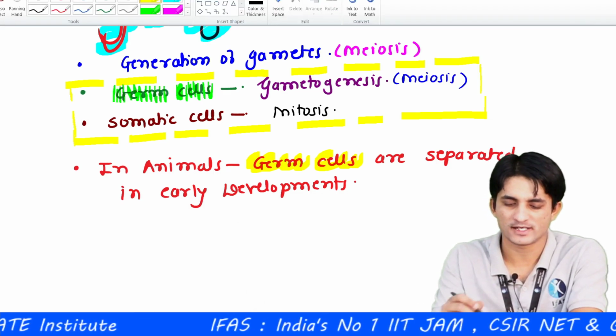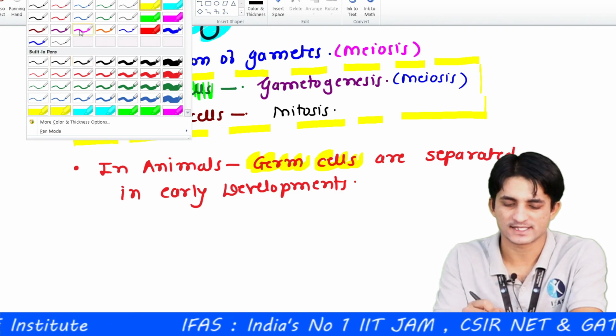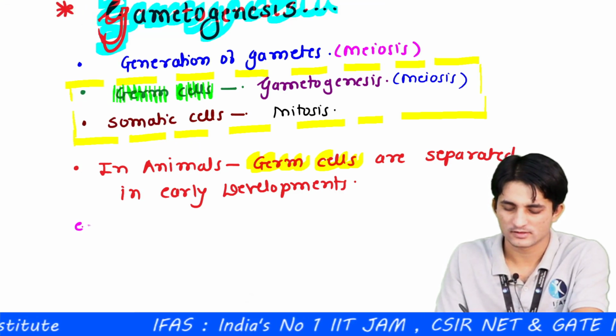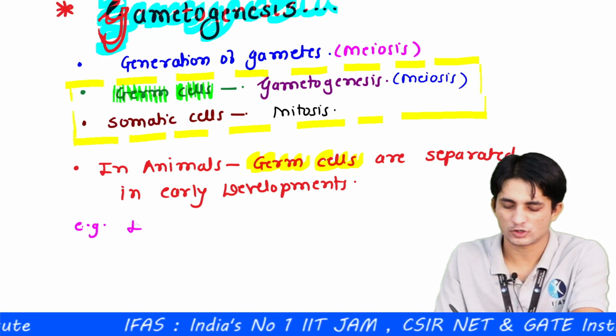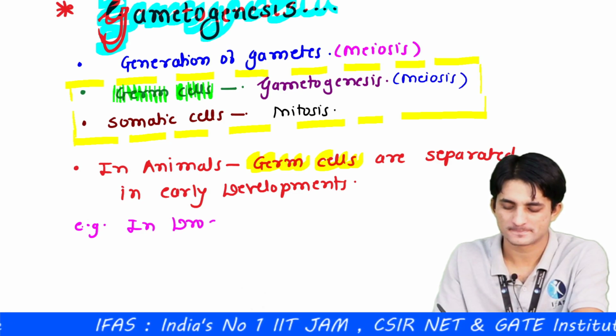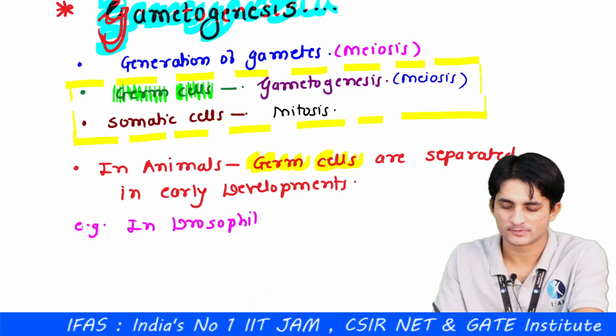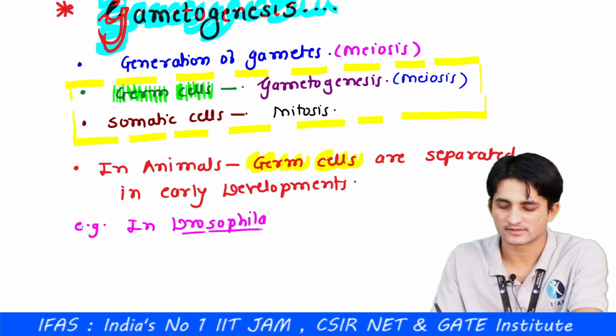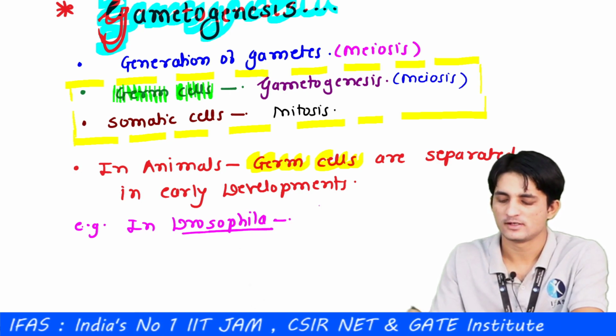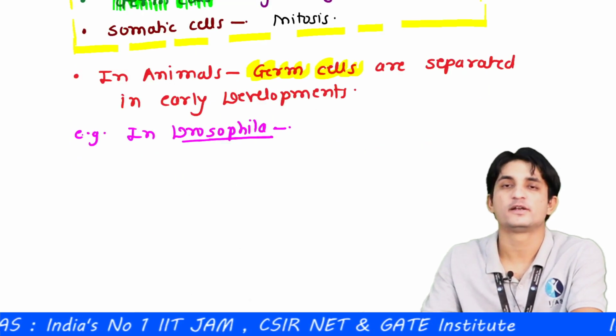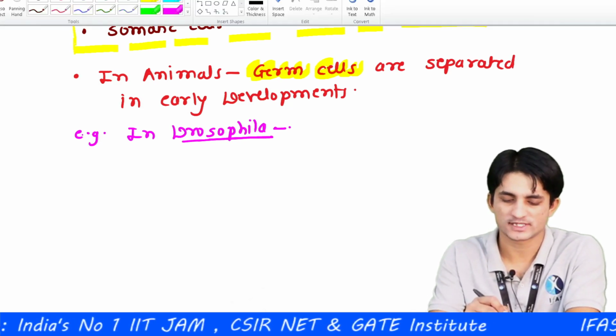So for example, in Drosophila melanogaster, germ cells are recruited towards the posterior side.